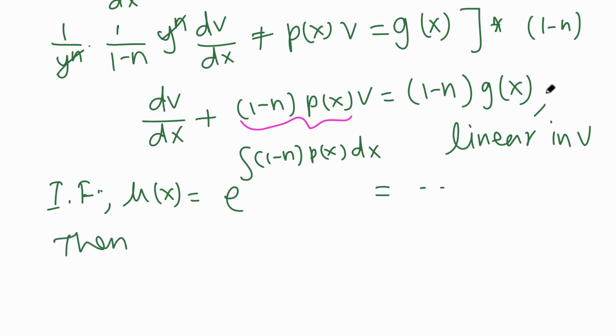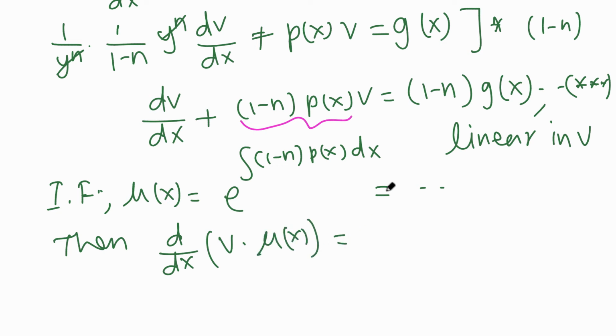Then the left hand side always becomes the derivative of the dependent variable v times the integrating factor, and the right hand side is (1 minus n) q(x) times the integrating factor. Now we integrate both sides with respect to x. Then we have v times mu(x) equals the antiderivative of this. Then divide by mu(x), so our v is back.